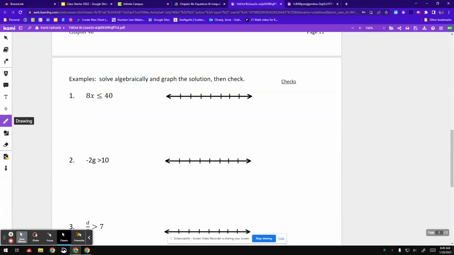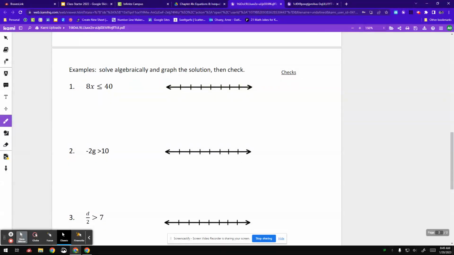We're going to solve algebraically and graph the solution, and today we're going to try some checks. Okay, so I see a variable and I see a symbol. I'm going to split and do the inverse. What's the inverse of multiply by 8? Divide by 8.